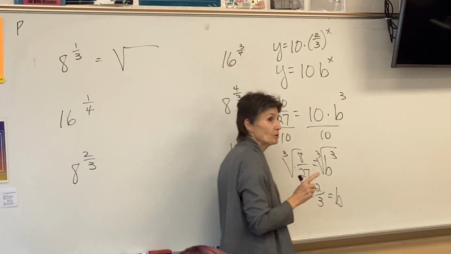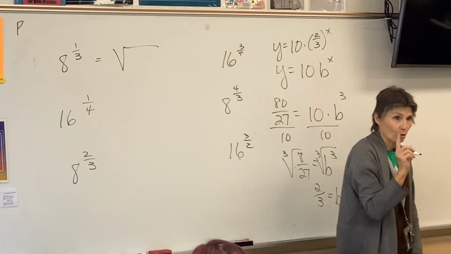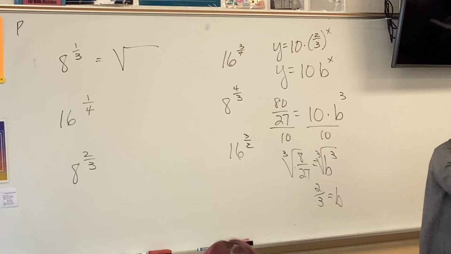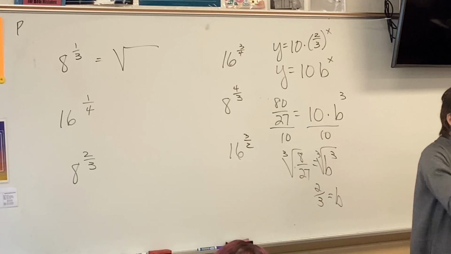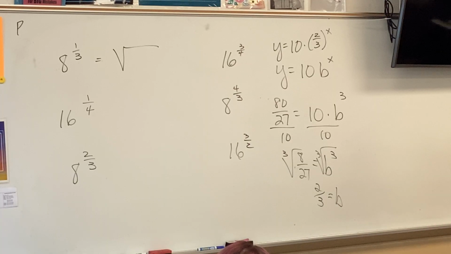Because fractional exponents are radicals. Roots, square roots, cube roots, fourth roots, some kind of root. Every fractional exponent. So somewhere right around that section, just write that down: fractional exponent equals radical.